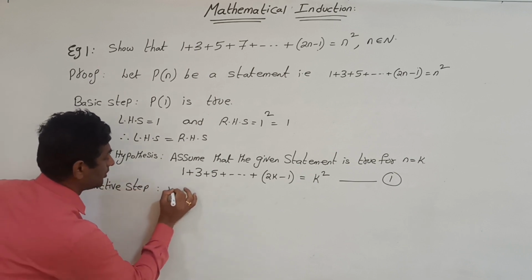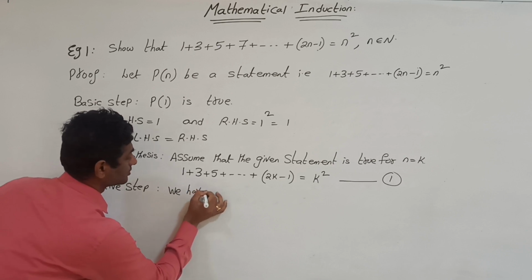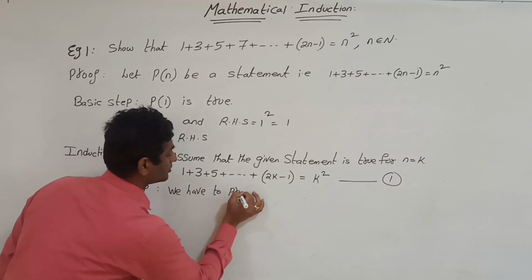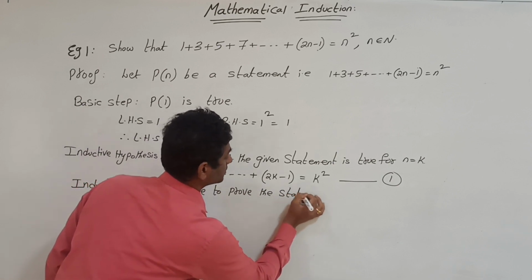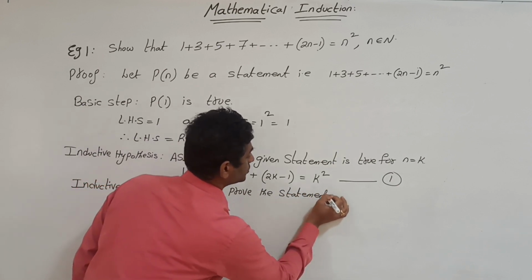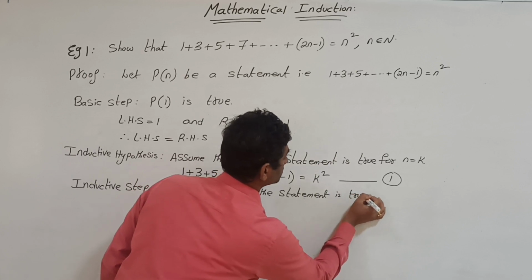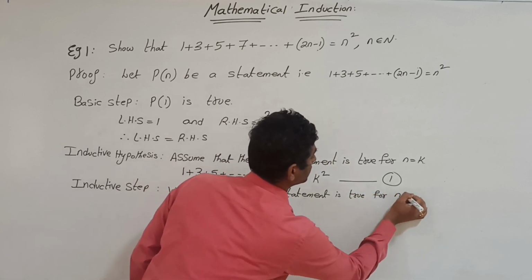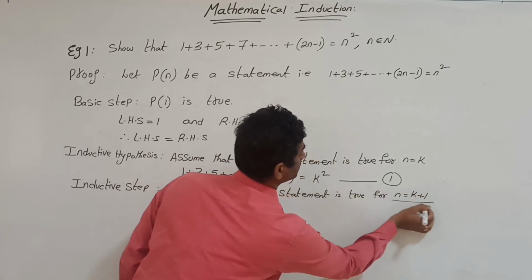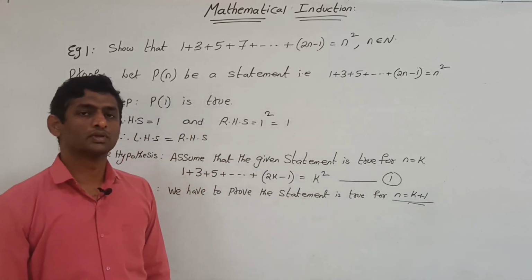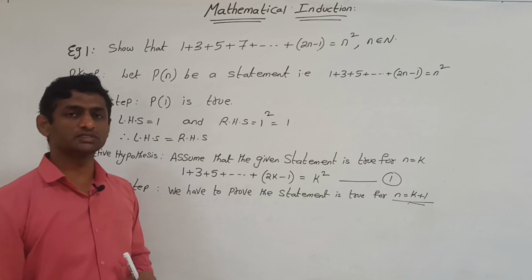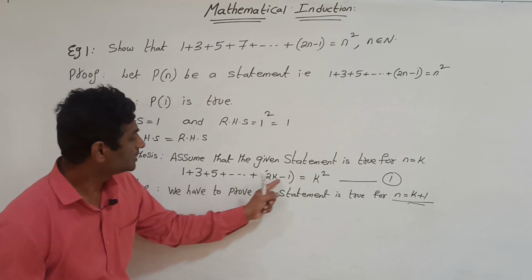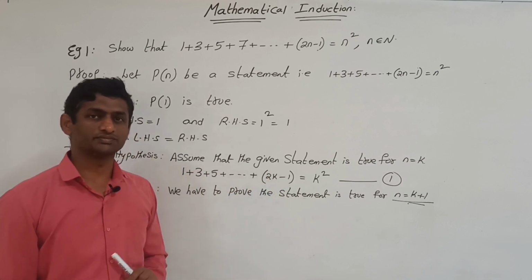That is, we have to prove the statement is true for n is equal to k plus 1. For that, we use the inductive hypothesis, as it is a statement for k terms.